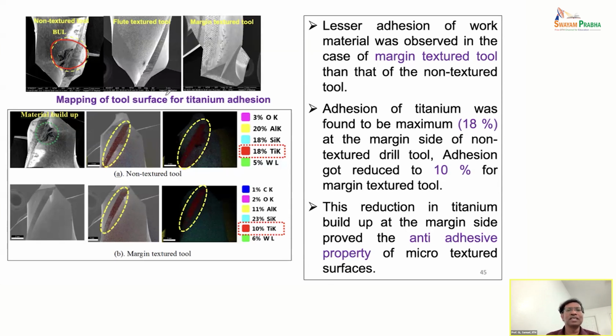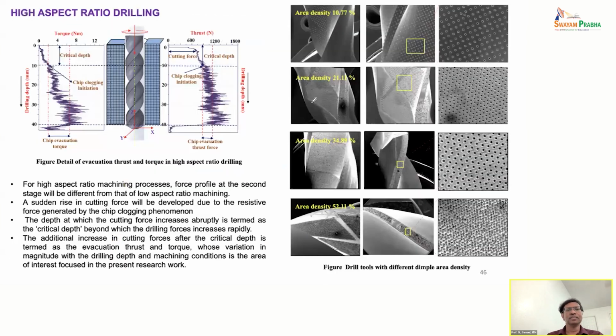But here we observed that with the non-textured tool, that phenomenon is very prominent, but with the textured tools, it is very much decreased. That is because the temperature will be less and the friction and wear are less. As I said, another challenge which we will be facing is the high aspect ratio holes, so depth.